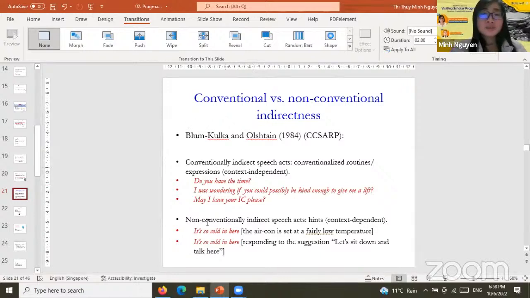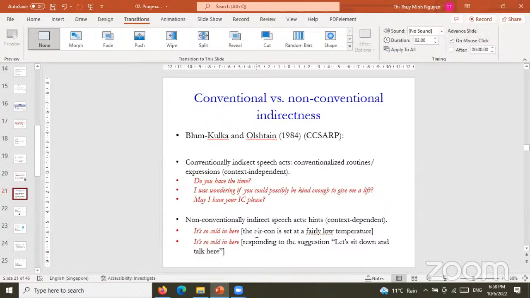And another kind of indirectness is called non-conventional indirectness. They are basically hints, and they can be very subtle. That's why they depend on context to be interpreted. When you say something like, it's cold in here, you may mean that it's too cold, can you turn on the heater?